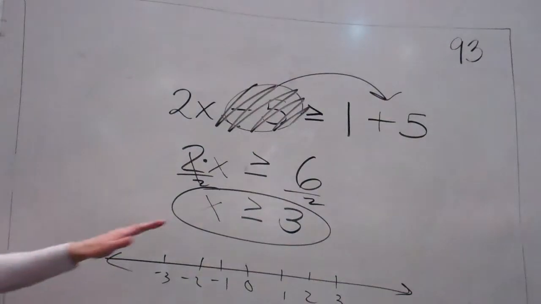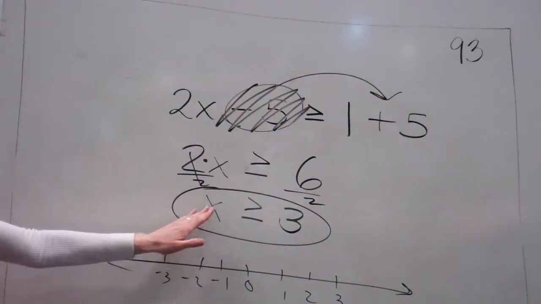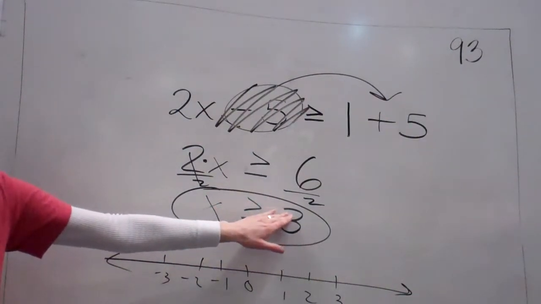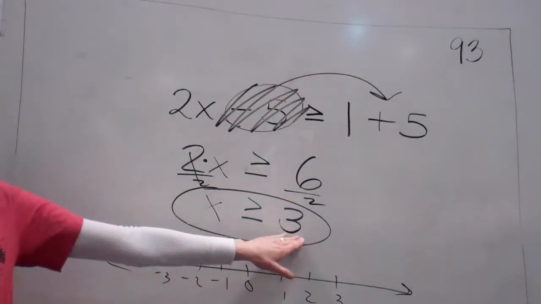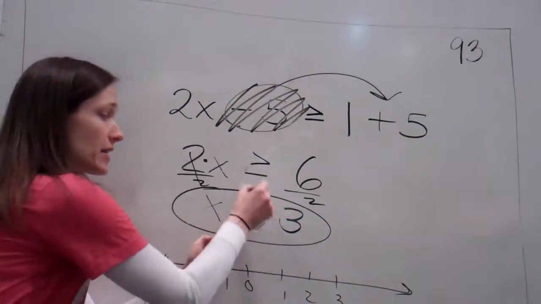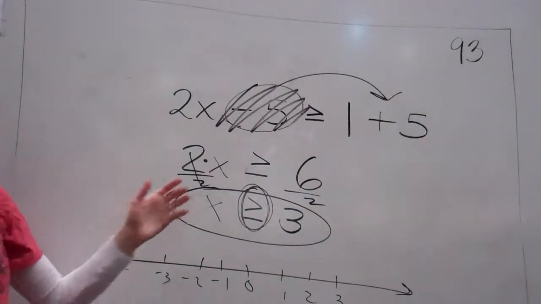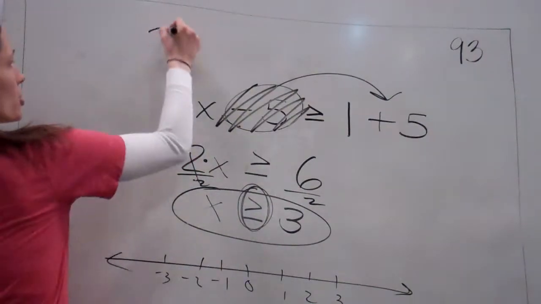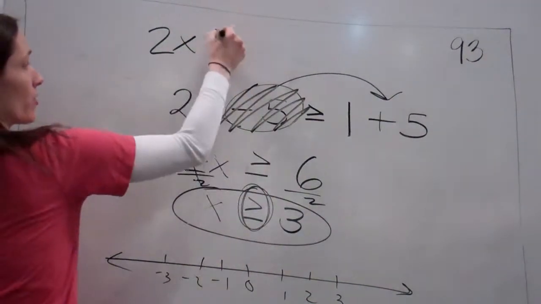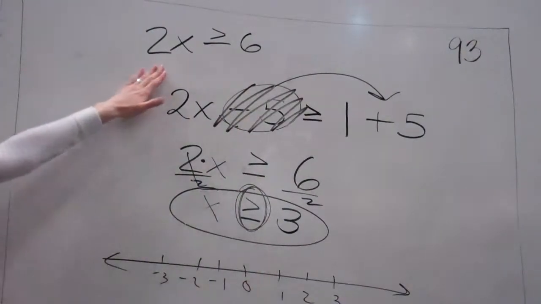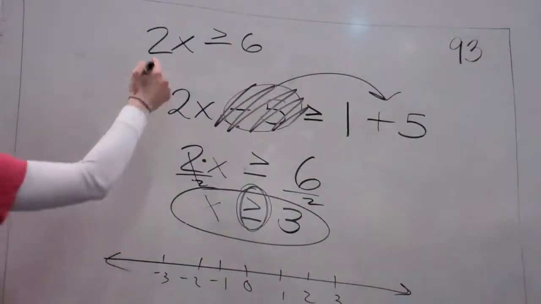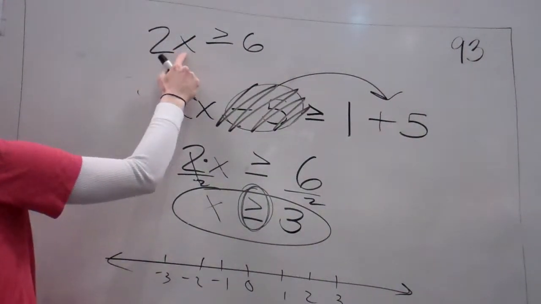If I'm going to do this, I have x is greater than 3, but I also have x is equal to 3. Do y'all remember how to see this? It's not just greater than, but also equal to. How'd you get the 3? This said 2x is greater than or equal to 6. We're trying to get the x by itself.